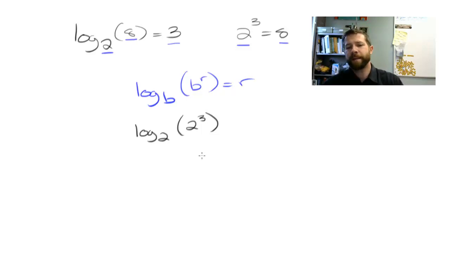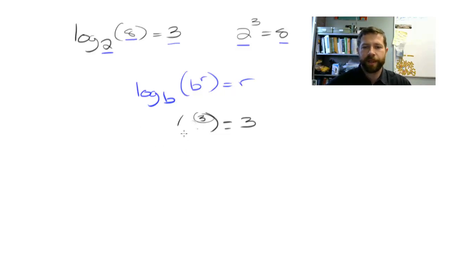The horse is white. In this case, the question being asked is, what exponent do I raise 2 to get to 2 to the 3rd? And of course, the answer is in the question. There's the exponent right there. So remember that. That's an important concept.